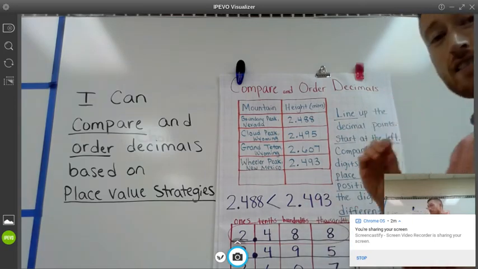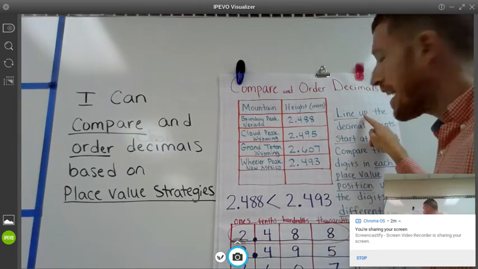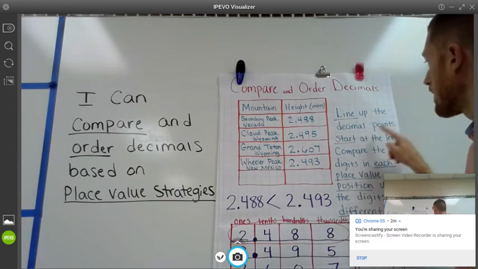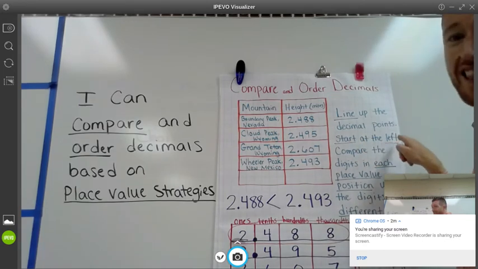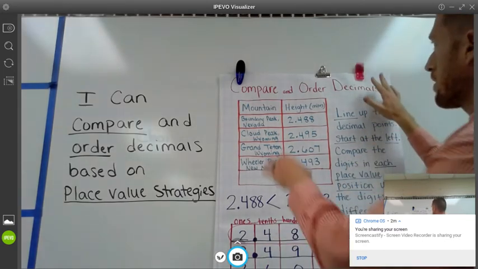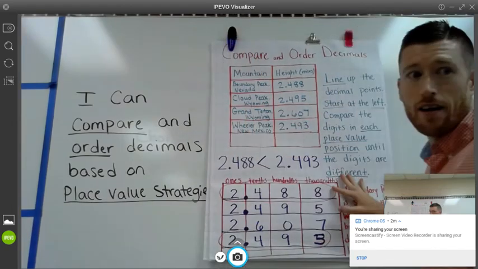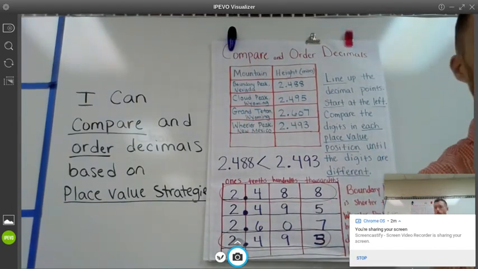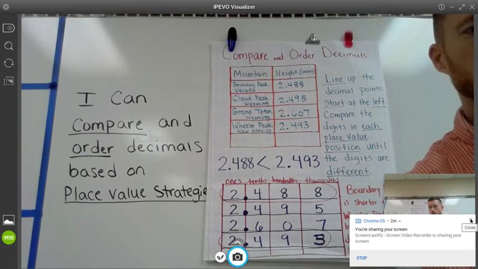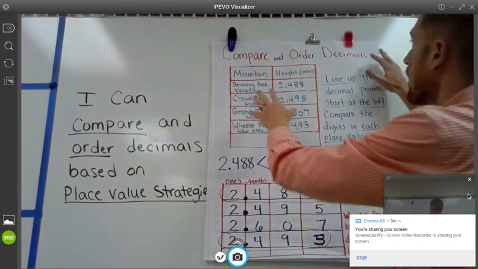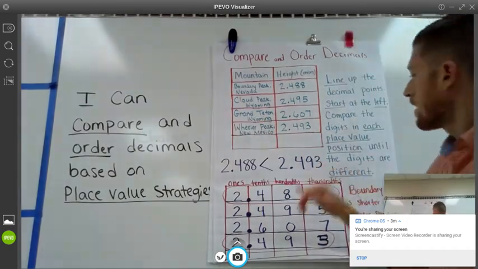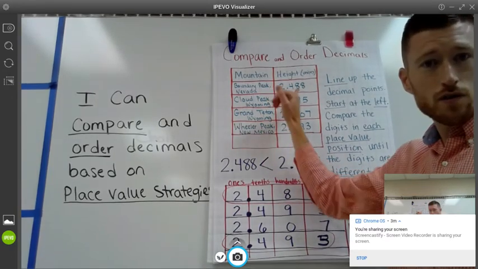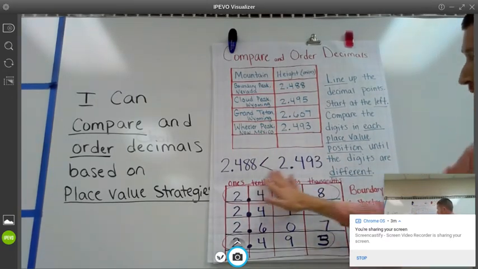So the easiest way to do this is to line up the decimal points and start at the left. So what I've done, and I'm going to move this up just a little bit so you can see it, is I've got these same decimals lined up in a decimal place value chart here.